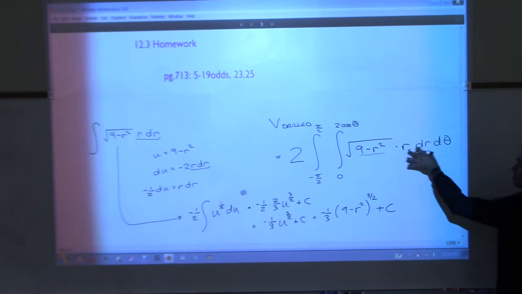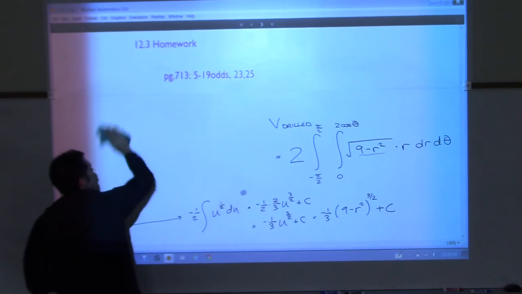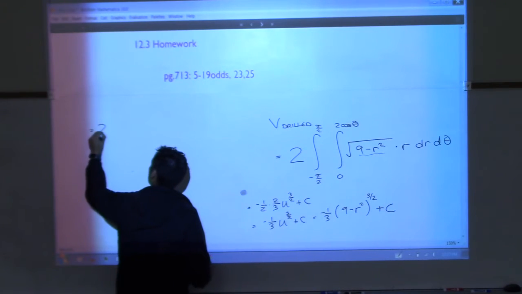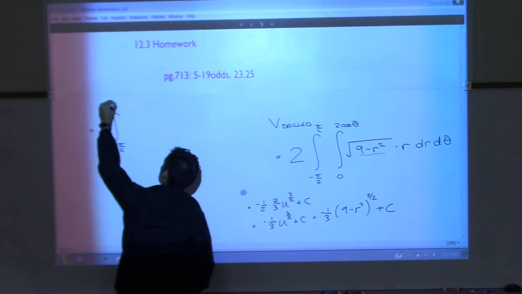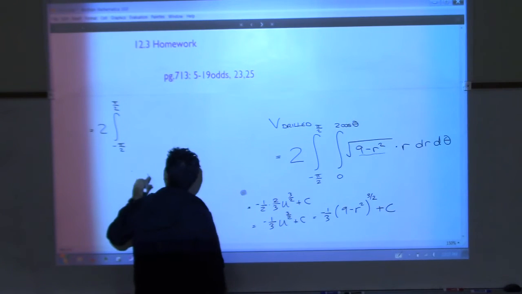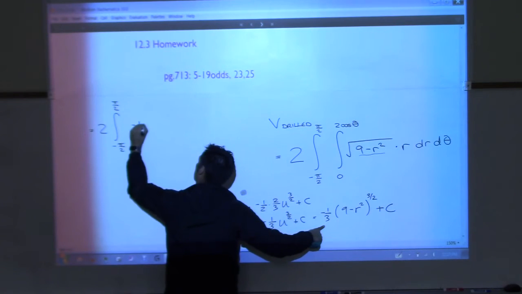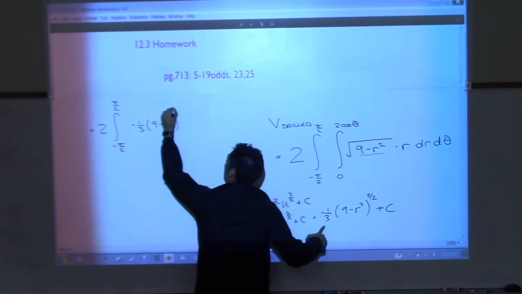So now I'll continue this. The volume of the drilled out part would be equal to 2 times the integral from negative pi/2 to pi/2 of the antiderivative, which we found to be negative 1/3 times (9 minus r squared) to the 3/2.